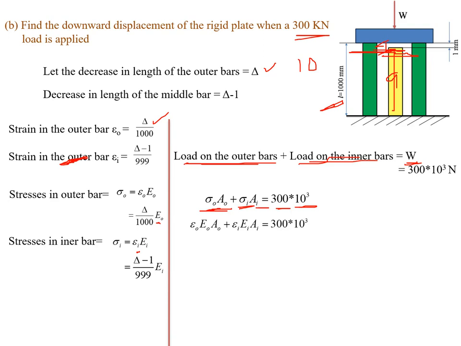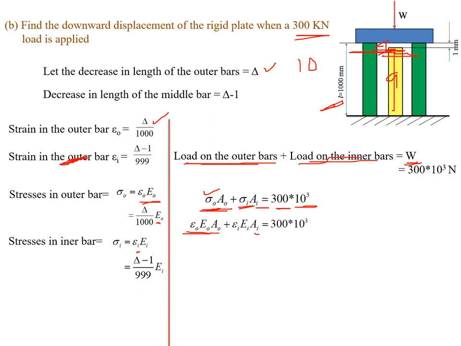Next, we know the sigma naught value is the strain into Young's modulus. So here you have to substitute: sigma naught A naught plus sigma I AI equals 300 into 10 cube. In the place of sigma naught we can write epsilon naught E into the cross sectional area A naught, plus epsilon I E into AI, equals 300 into 10 cube.